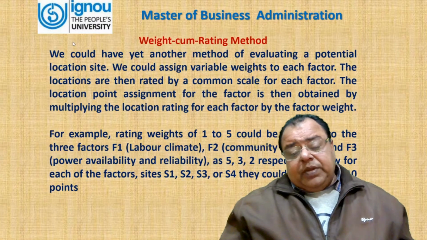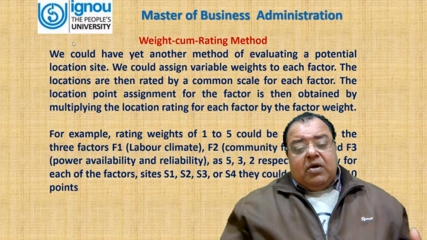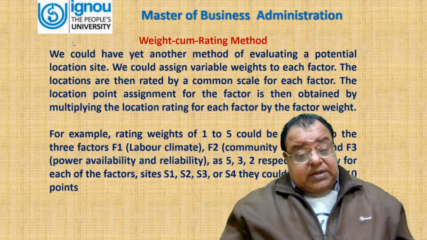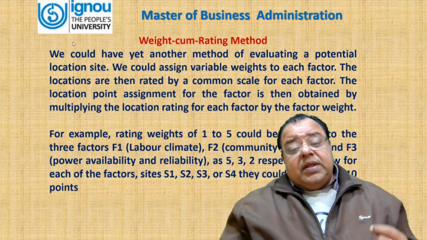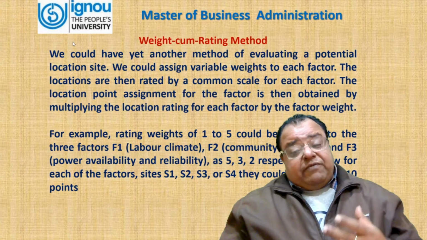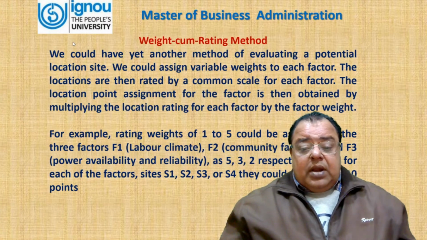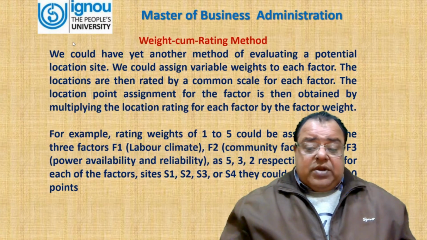For example, a rating weight of 1 to 5 could be assigned to the three factors: F1, that is labor climate, F2, community facilities, and F3, power availability and reliability, as 5, 3, 2 respectively.